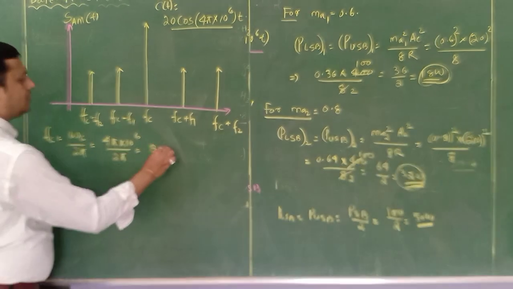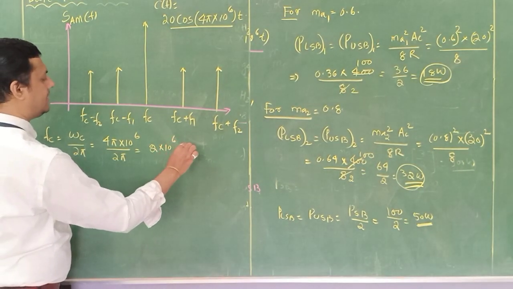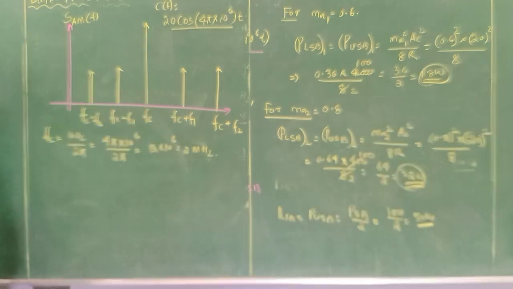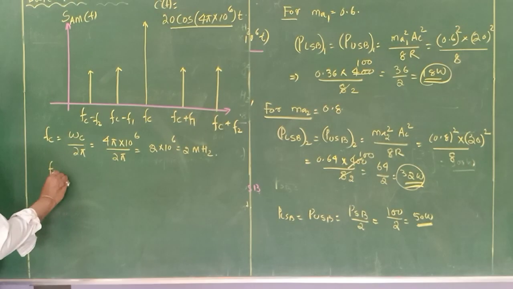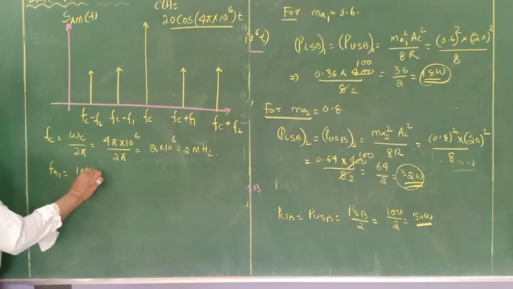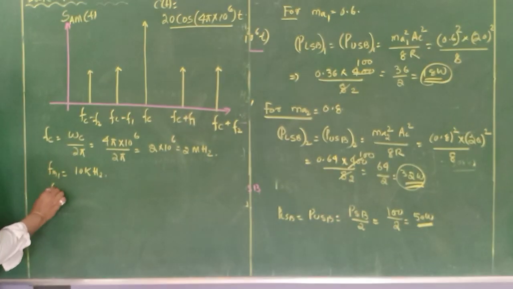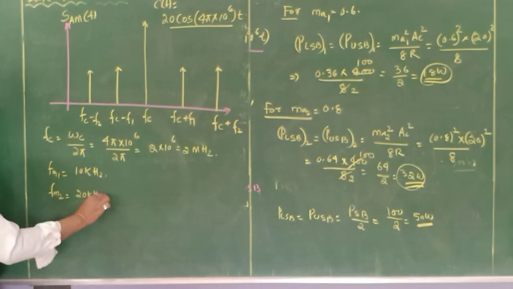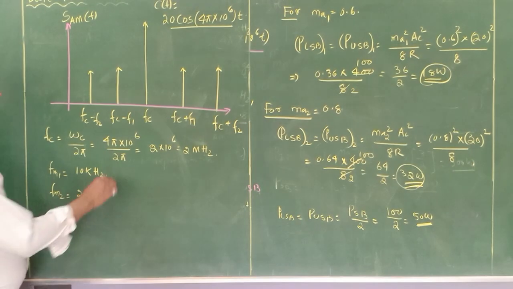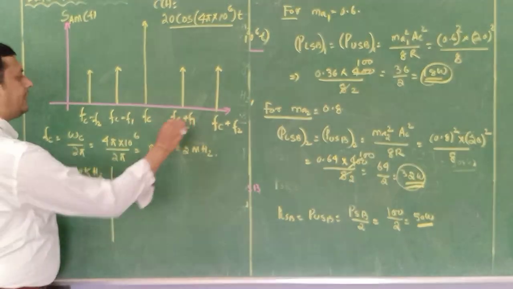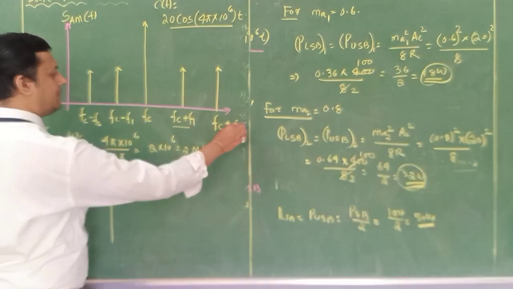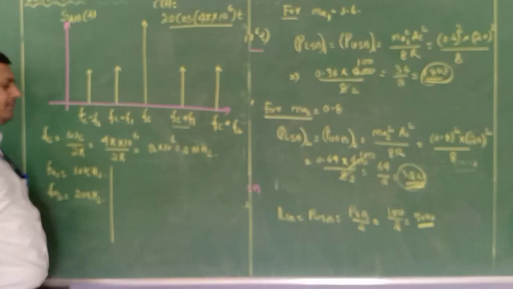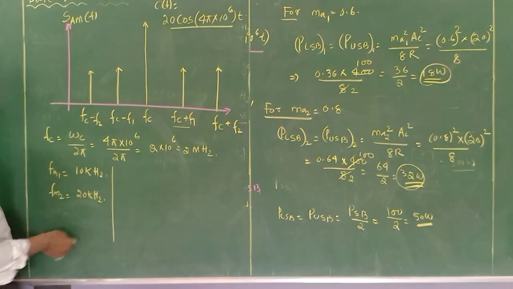You will get 2 into 10 to the power 6, that is 2 megahertz. Fm1 is given as 10 kilohertz and Fm2 is given as 20 kilohertz. Then we have to find Fc plus F1, Fc plus F2, Fc minus F1 and Fc minus F2. One by one we will find out.